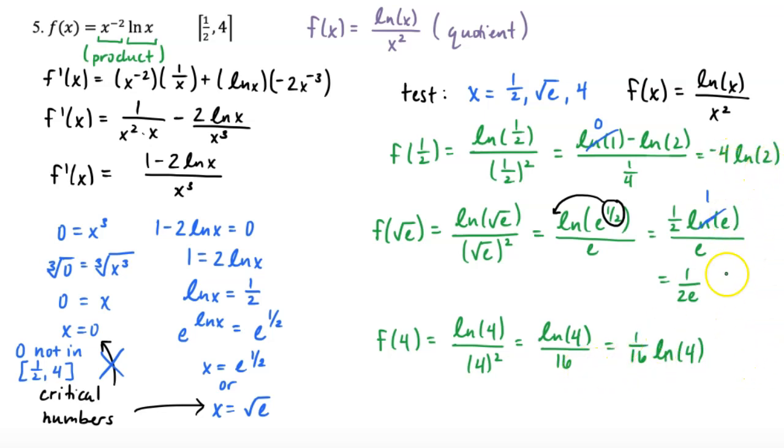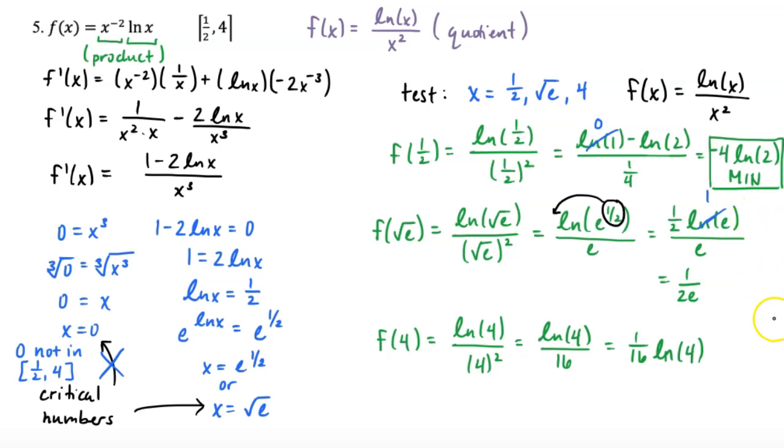Okay, so I've got my candidates for the maxima and minima. Now I think I'm going to need my calculator for this. One thing I don't think I'll need is that this negative 4 natural log of 2 is the only value that's negative. Because of that, I can pretty safely assume that this is my min.